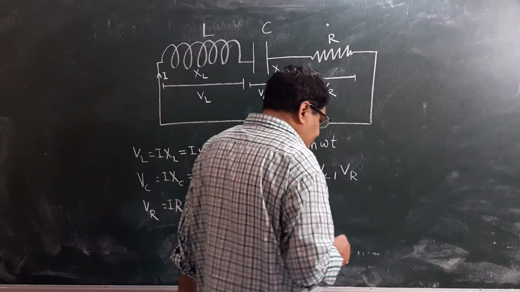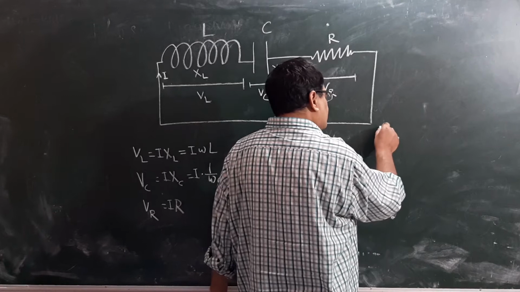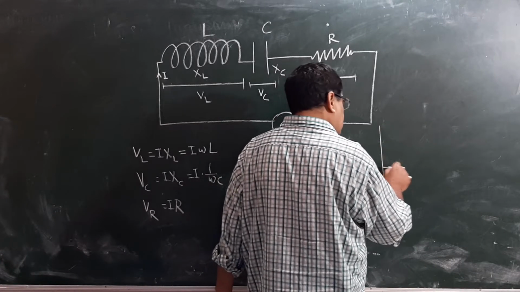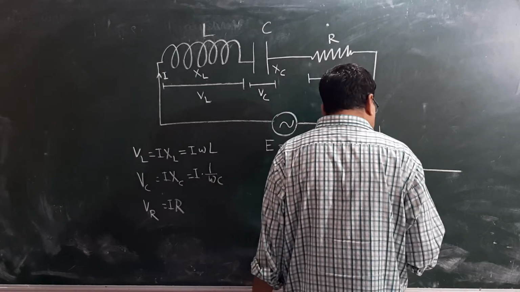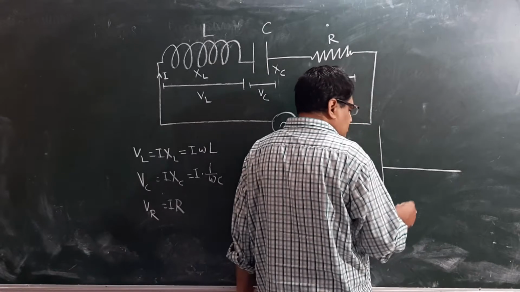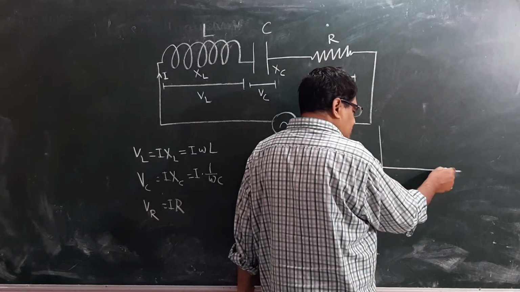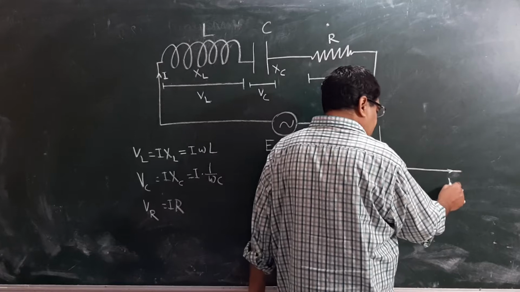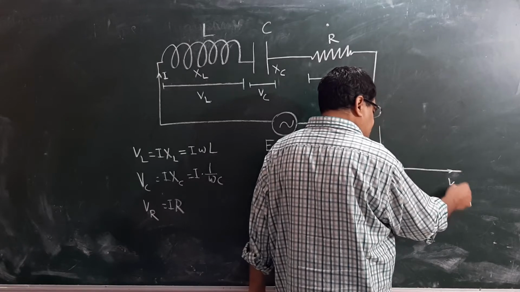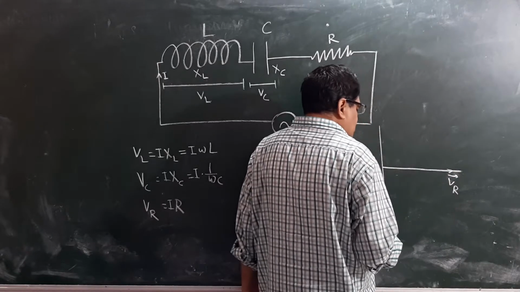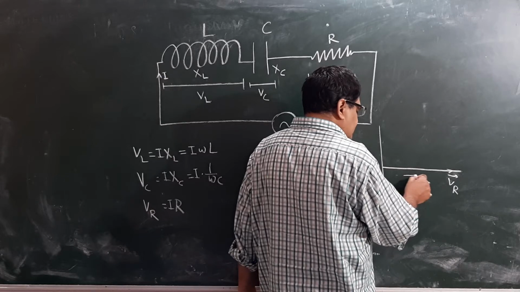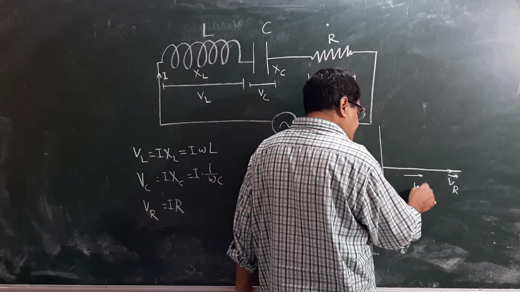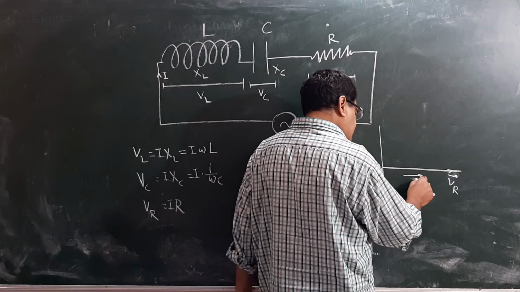Now we will draw the phasor diagram. So these are the x and y axis. Suppose along this direction we will plot VR. That is the vector VR. Now I will be along this direction of VR, so I can be represented like this.